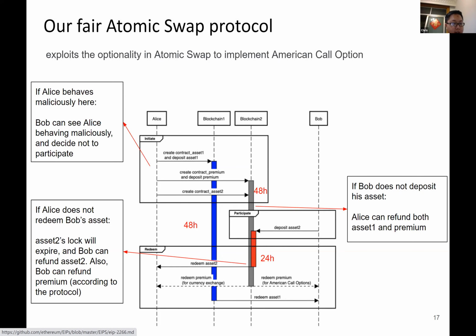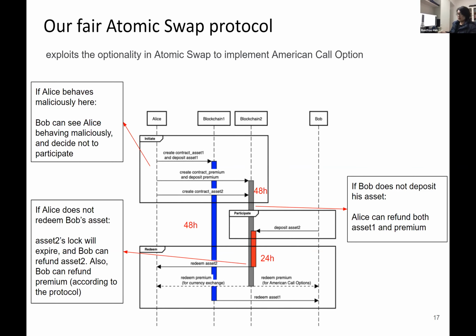And maybe it's also really tricky that both sides need to find a way to agree beforehand on how much value the premium is.